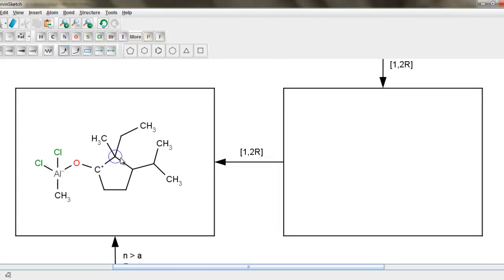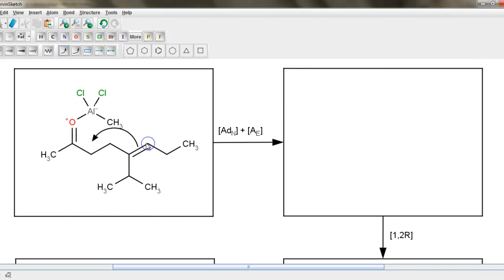As we see, this is a 5-member ring, so I want to make a 5-member ring with this step. We have 1, 2, 3, 4, 5. So that's our 5-member ring, and these electrons get bumped up onto oxygen, relieving it of that positive charge. And so this is our association of an electrophile, essentially.